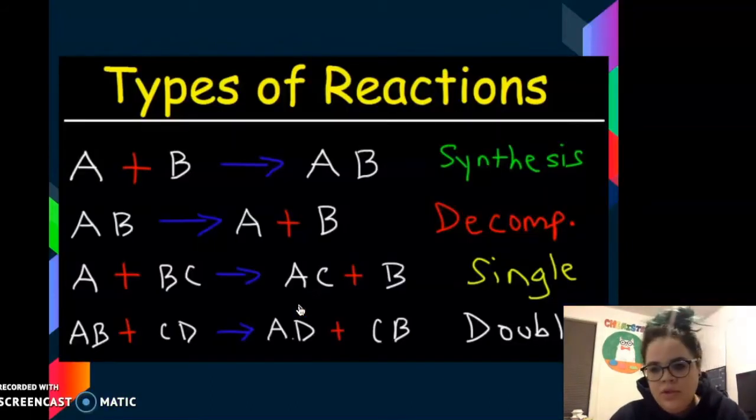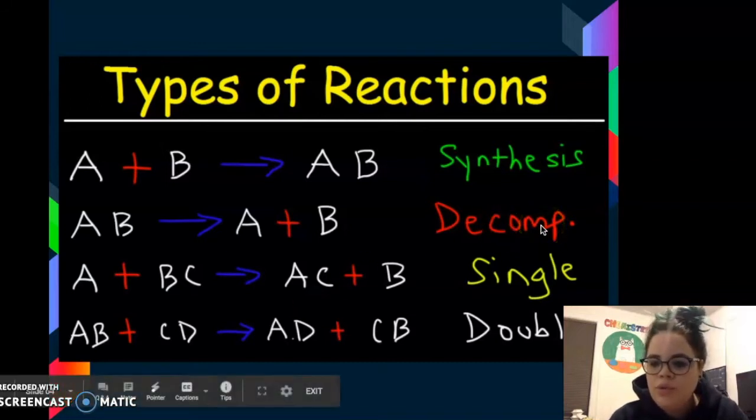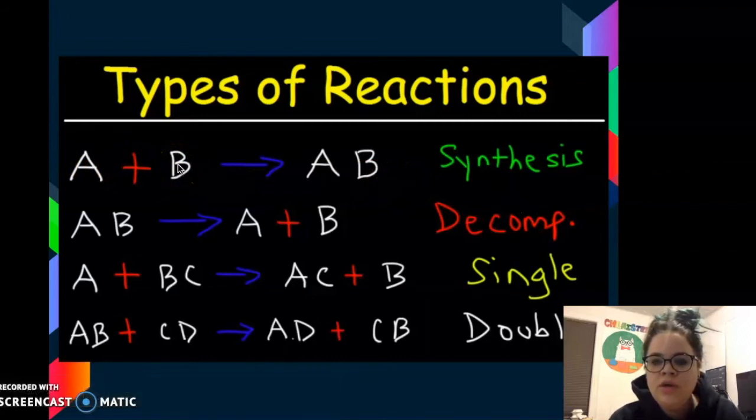There was a request to go through the types of reactions one more time very quickly. We spent a little bit of time doing synthesis and decomposition before remote learning started. Synthesis, you should remember, has two things before the arrow and one product at the end. Decomposition is the opposite. You start with one reactant and break it apart into its two different parts.